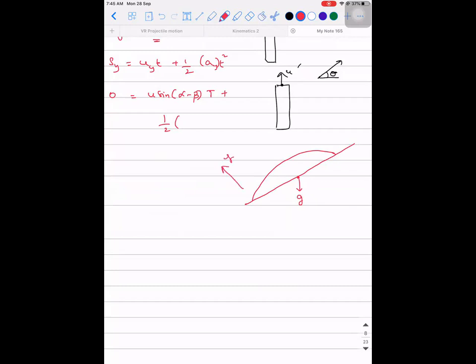So I need the component in that direction, but g is making some angle with respect to it. So what are we supposed to do in this case? Resolve g. The angle of inclination is beta. Then how much is this angle?